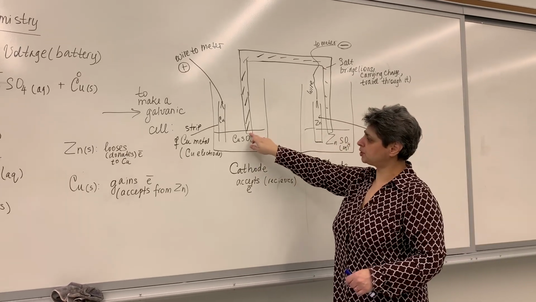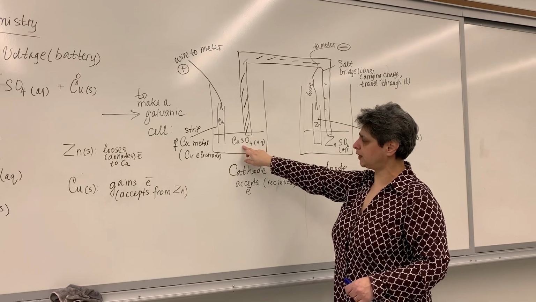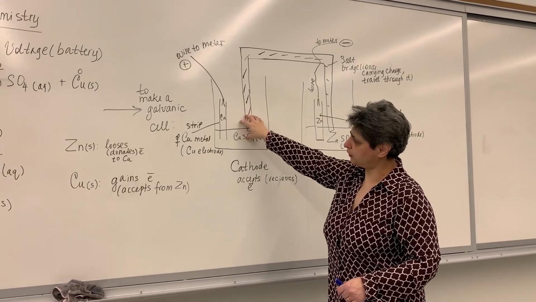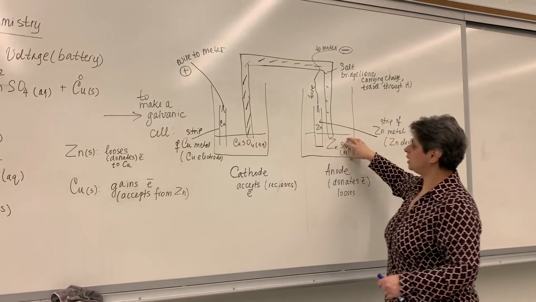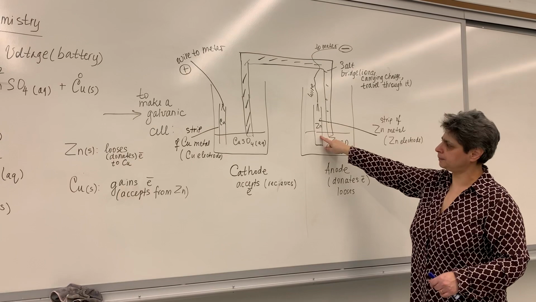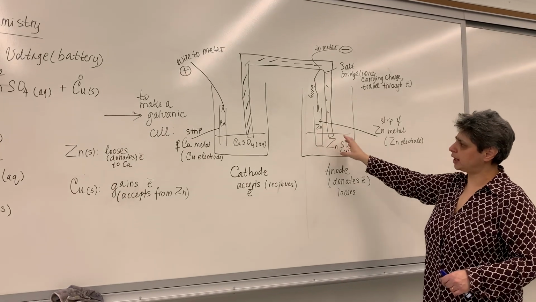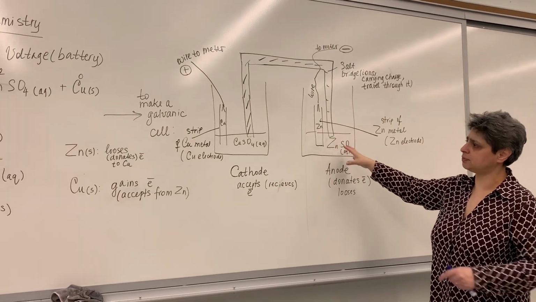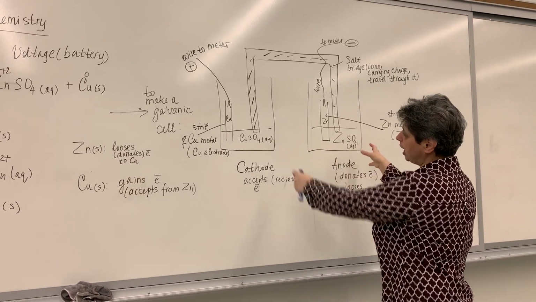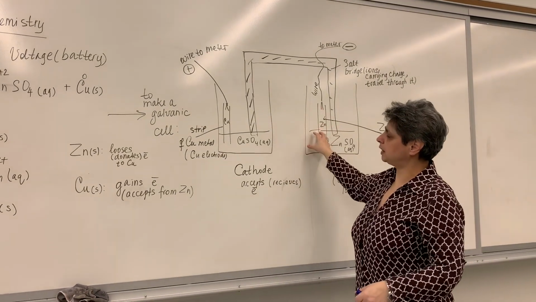I'm taking a copper strip and putting it into copper sulfate solution, creating one part of my galvanic cell, or one of the electrodes, while in the other part I will have zinc sulfate with a zinc strip placed into it. So I have the same reaction, but I have separated it in space, so I can conduct the reaction in 2 separate beakers.